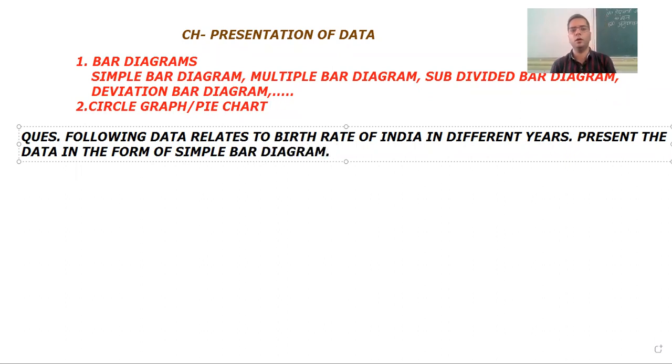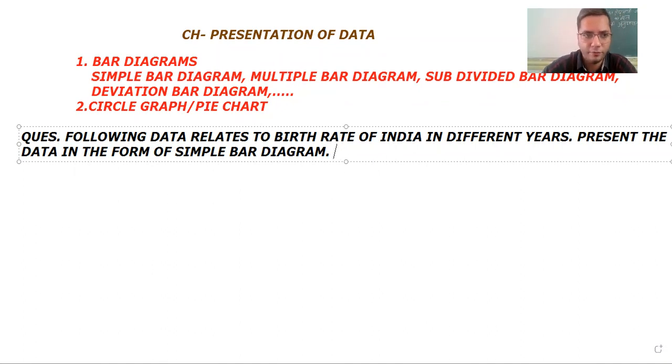You have been given data related to the birth rate of India in several years, for example in 2011, 2012, 2013, 2014, 2015, and so on. That data relates to the birth rate of India, and the question says to present it in the form of a simple bar diagram.